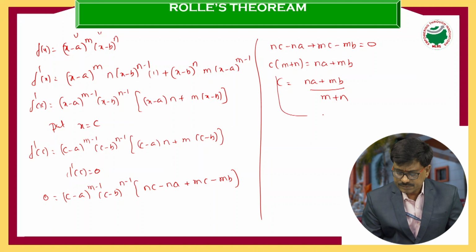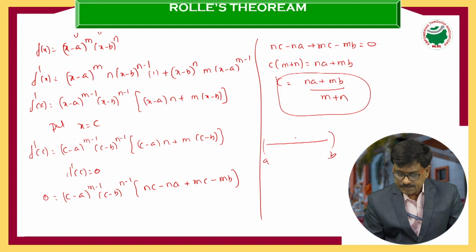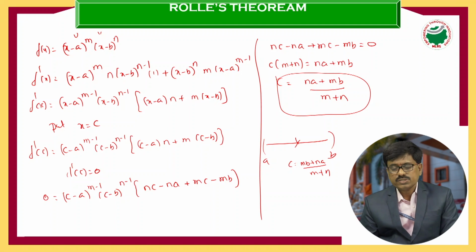I got the value of C. The C value always lies between a and b. This is the Rolle's theorem verified in this case.